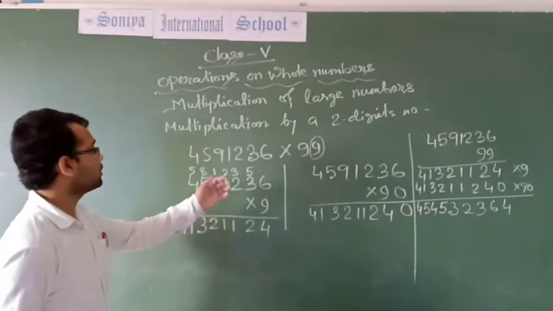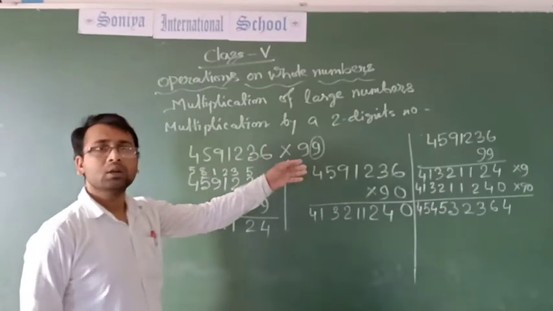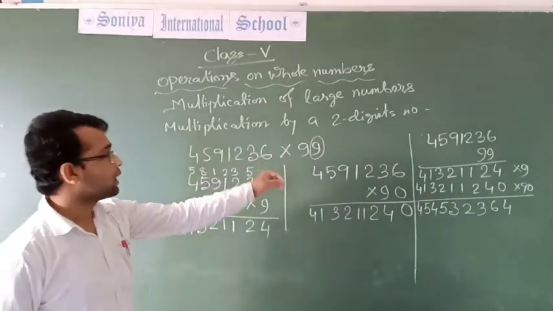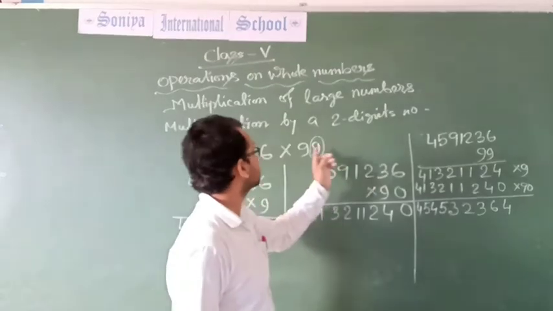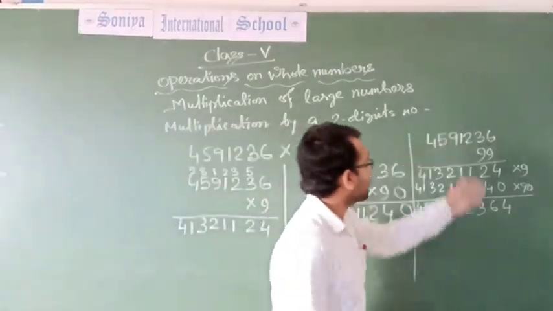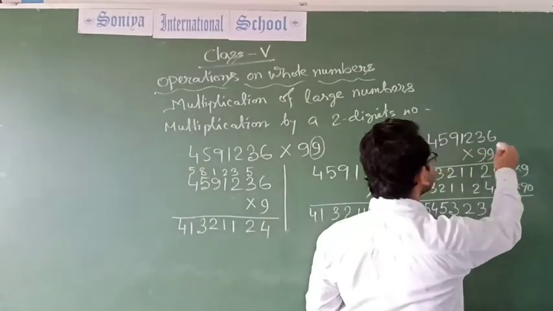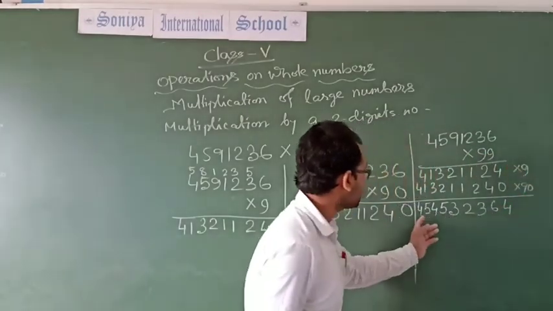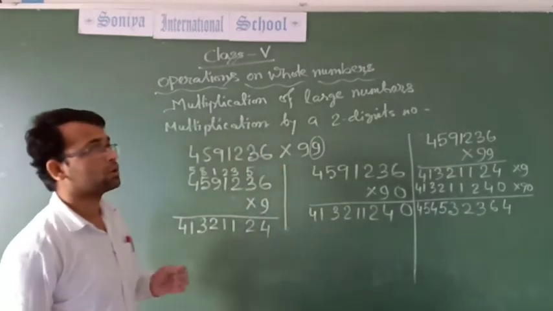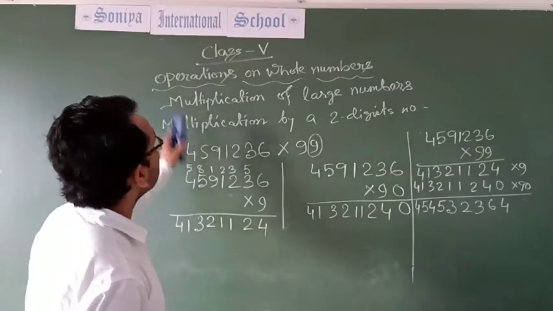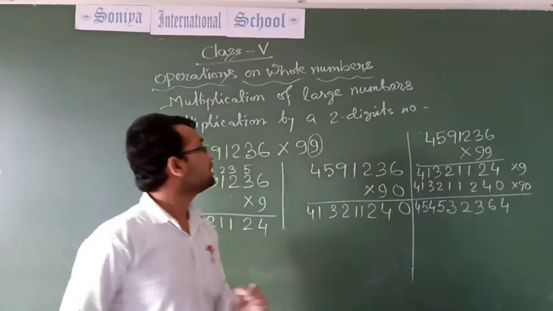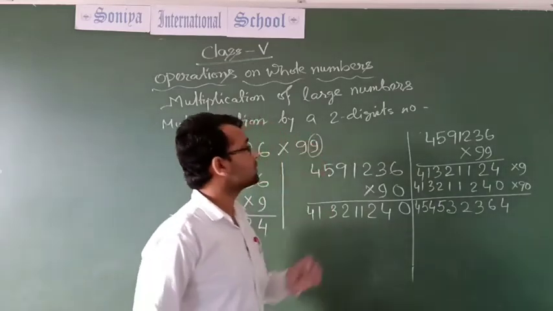Understood? First you multiply by the first place, the ones place, then multiply by the second place, the tens place, then add all together step by step and get 454532364. Okay, that is multiplication of large numbers by a 2 digits number.